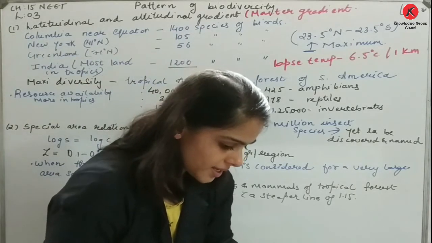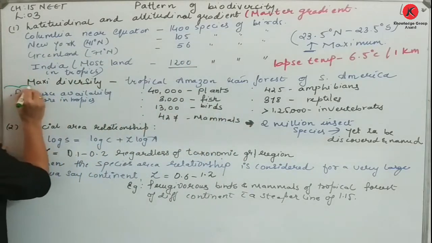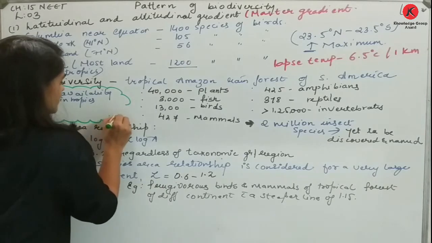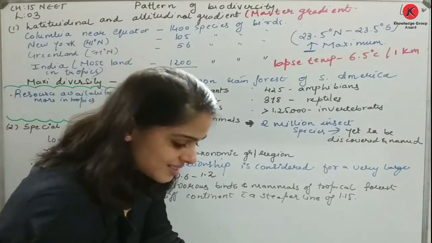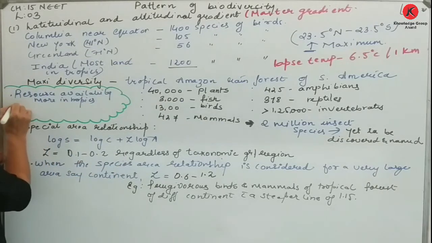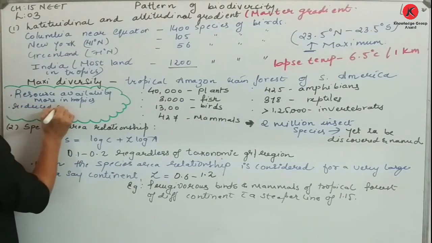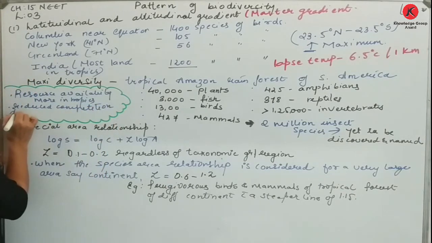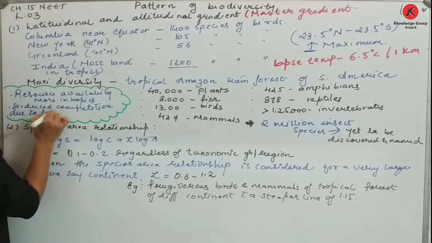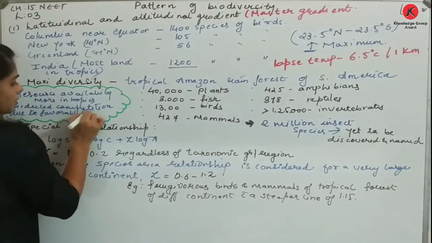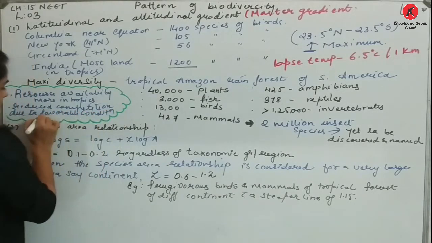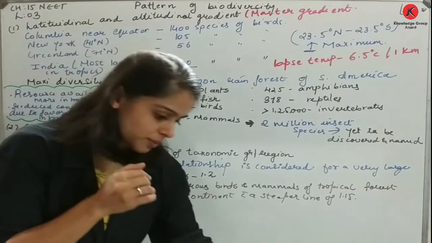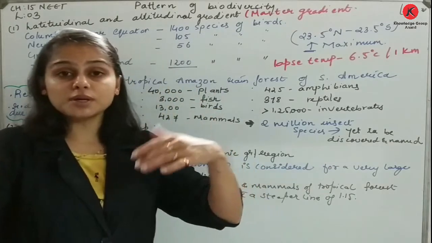And one more if I want to share is that there is less competition. Okay, there is, I can say, reduced competition due to favorable conditions in tropics I am talking about. Done. So these could be your possible reasons.